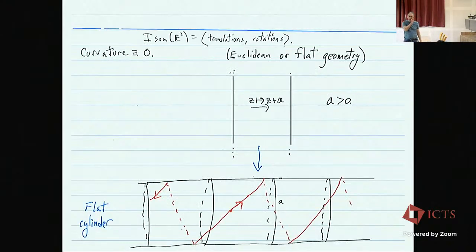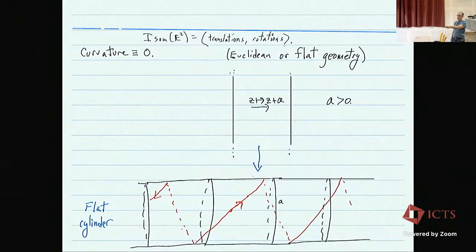Flat geometry, curvature 0. The isometry group is made up of Euclidean translations and rotations. One thing you could construct is a flat cylinder, by taking a translation and identifying the sides of a strip. What's happening with the geodesic flow? If I pick a vector, I move along, and you can see this in the universal cover by tracing what's happening to a line.